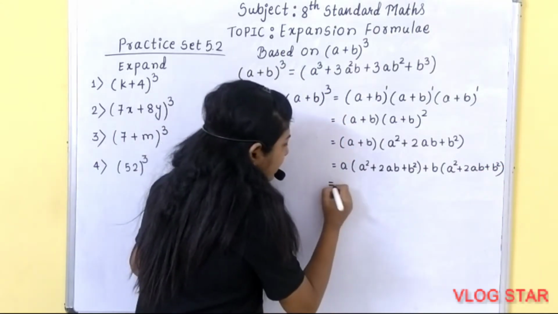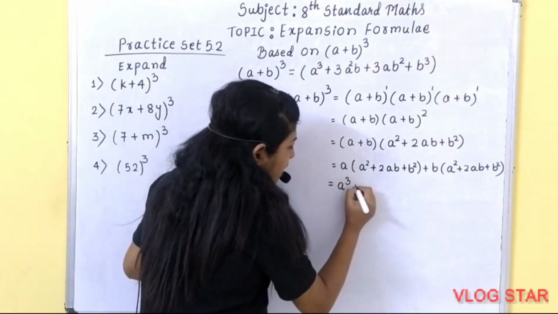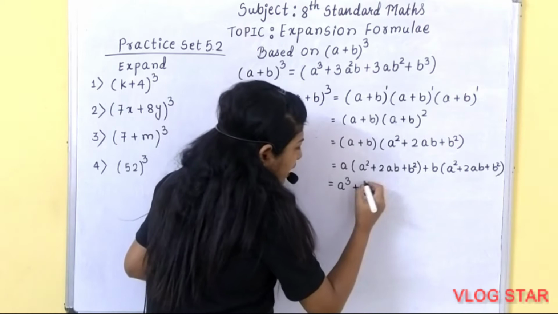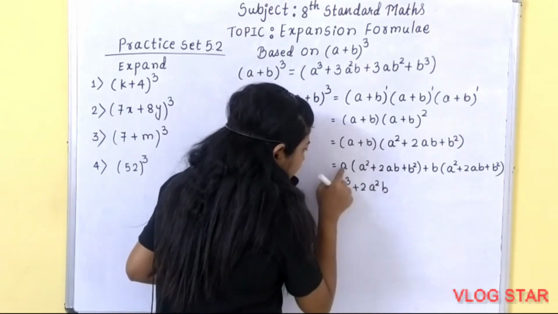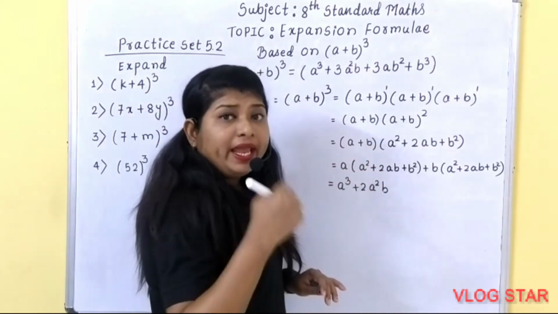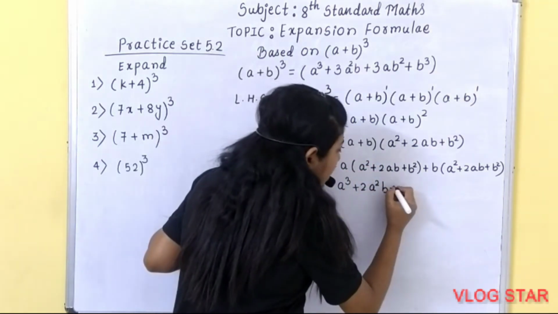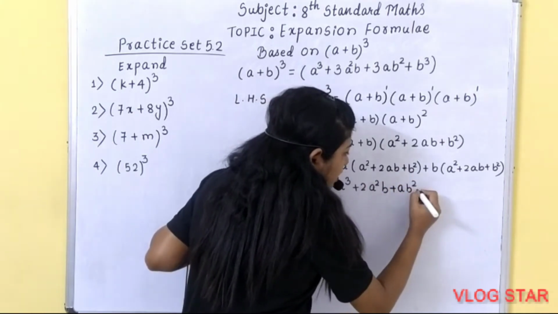What will you get? a into a square is a cube, plus a into 2ab becomes 2a square b, as a raised to 1 into a raised to 1 is a square, plus a into b square is ab square.